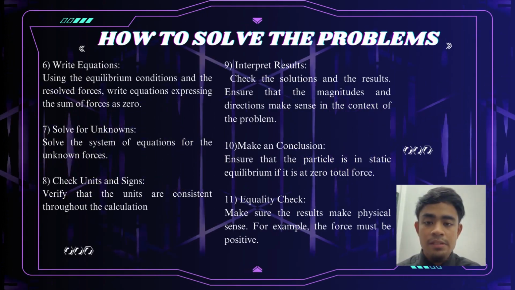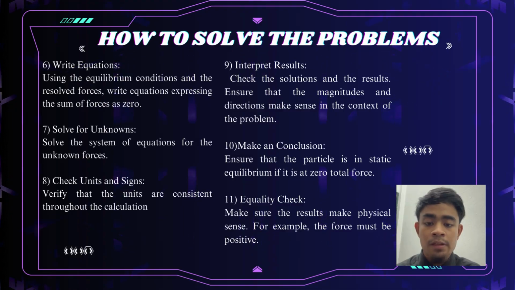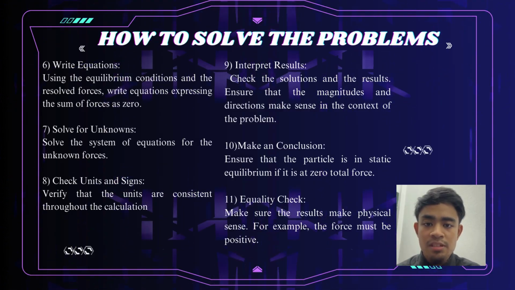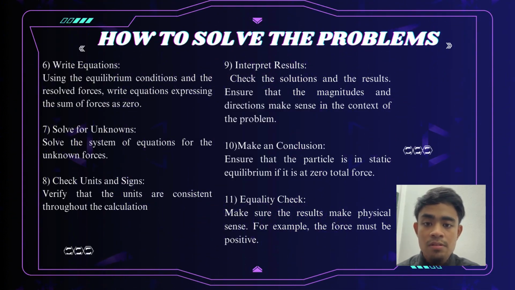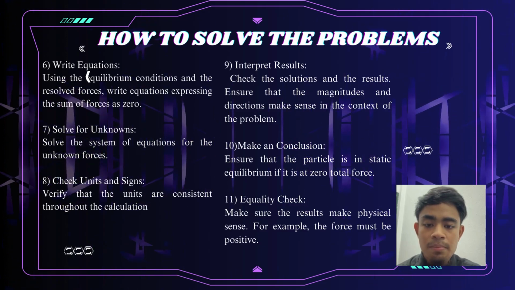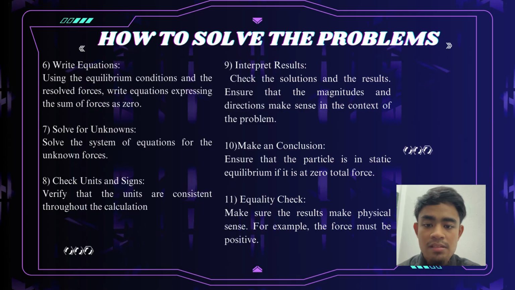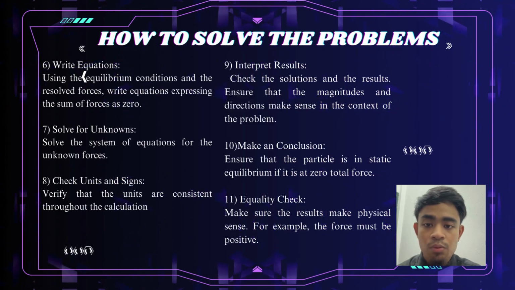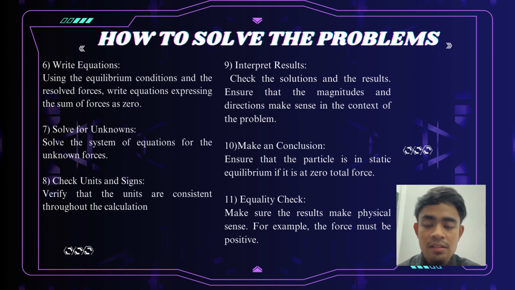The next step is to write the equation. Using the equilibrium condition and the resolved forces, we must write an equation expressing the sum of the forces as zero. Next, for this step, is to solve the unknowns.